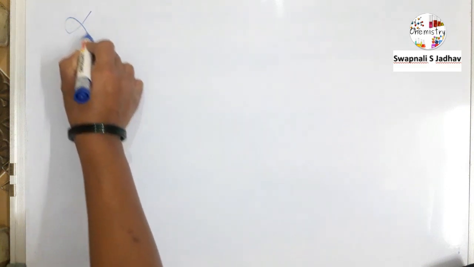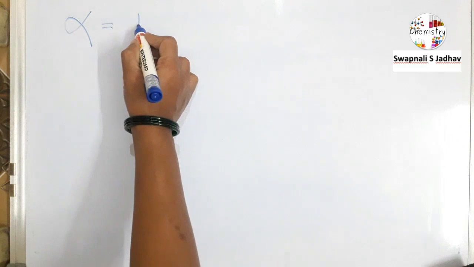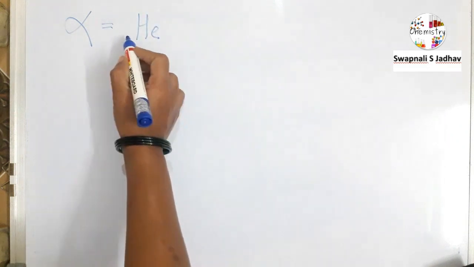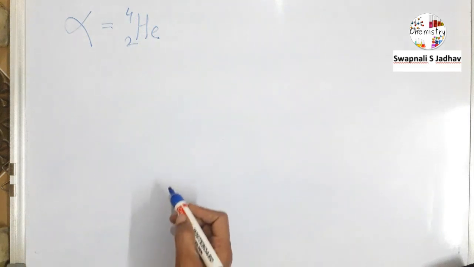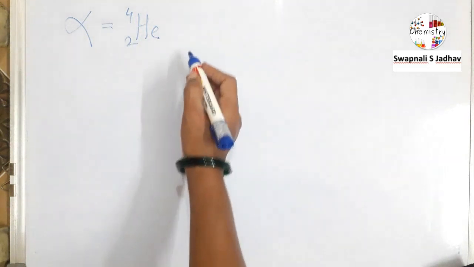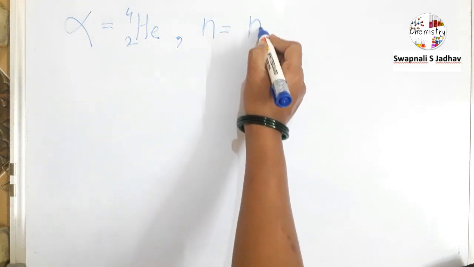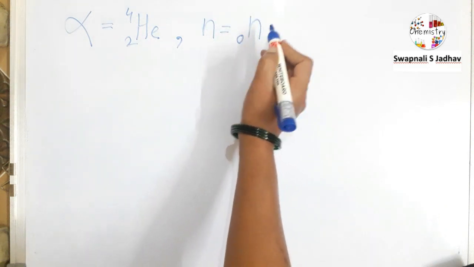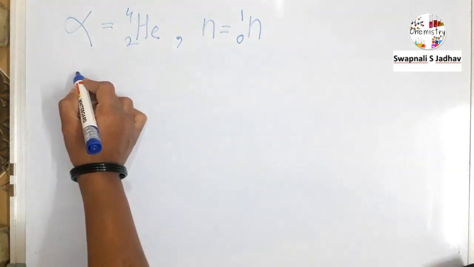First one, alpha particle. An alpha particle is nothing but a helium nucleus. It is represented as He 4 2. Neutron is represented by n 0 1. Then the next one is proton.